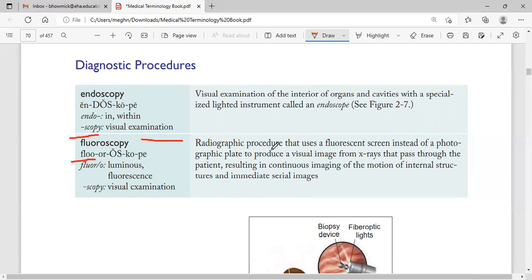A radiographic procedure that is used to fluoresce a scan inside photographic plates to produce a visual image from X-rays that pass through the patient, resulting in continuous imaging of the motion of internal structures and immediate serial images.